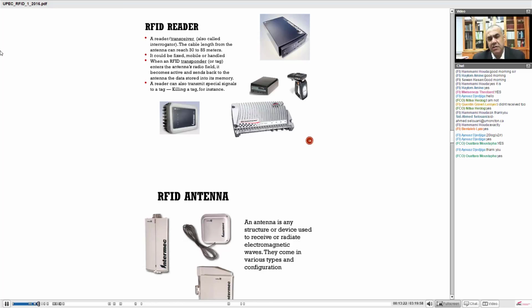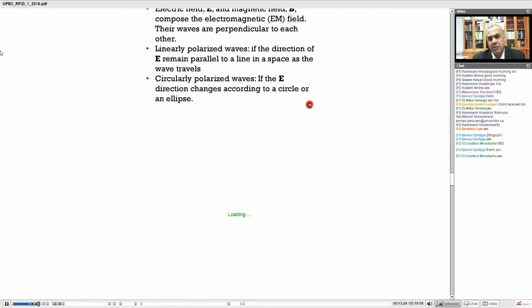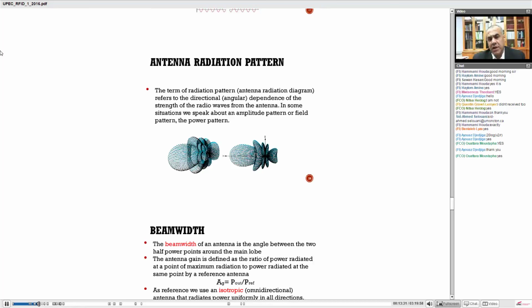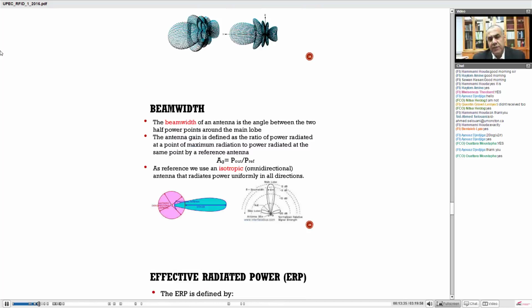If you see the diagram, the radiation pattern, you have the field of electromagnetic field, the antenna is here.